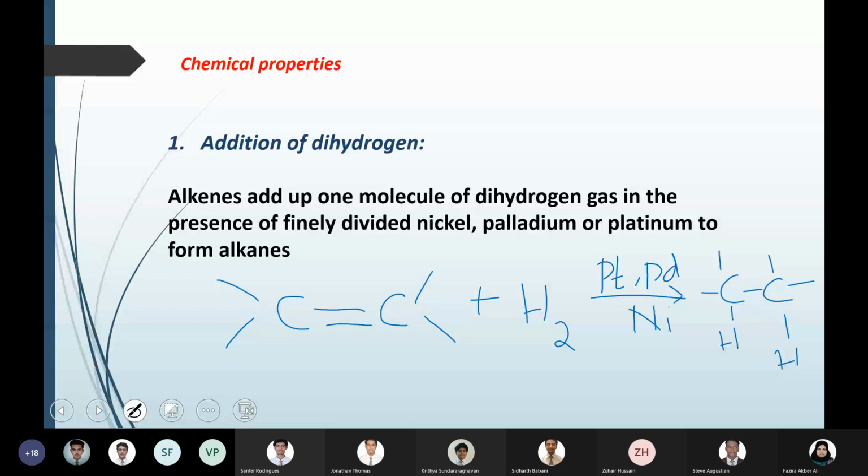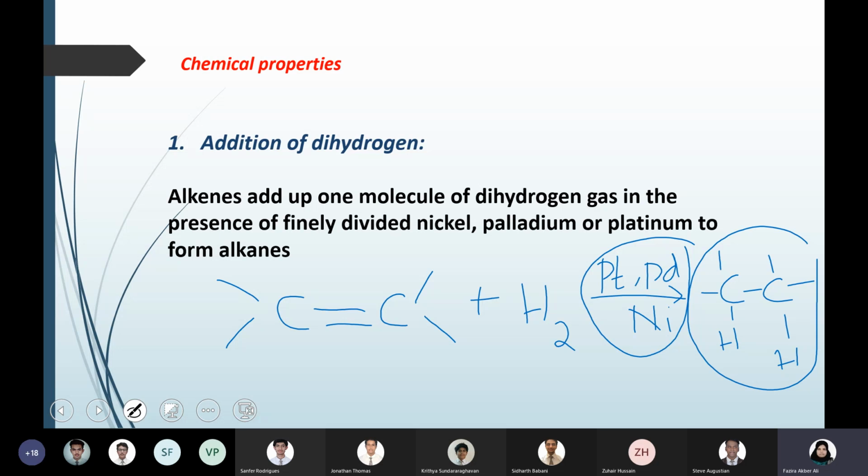Ma'am, for formation of alkane. Yeah, because the same reaction we already discussed in alkanes as a preparation method. Alkanes are prepared from an alkene by adding hydrogen. Adding hydrogen is hydrogenation, and the catalyst was platinum, palladium or nickel.